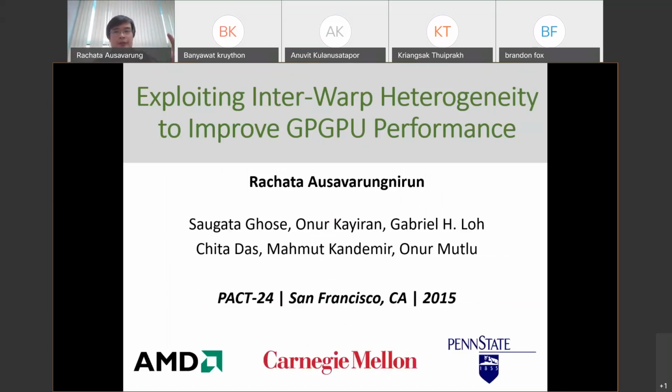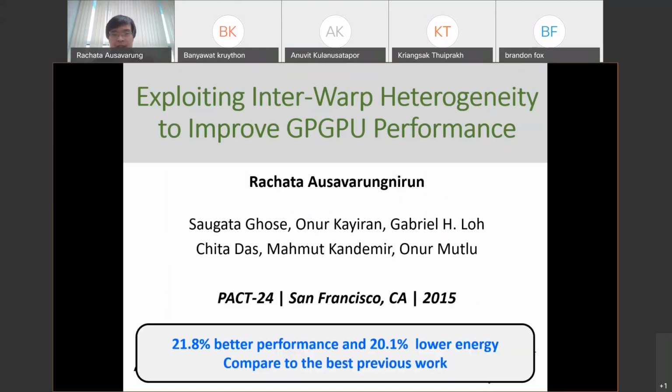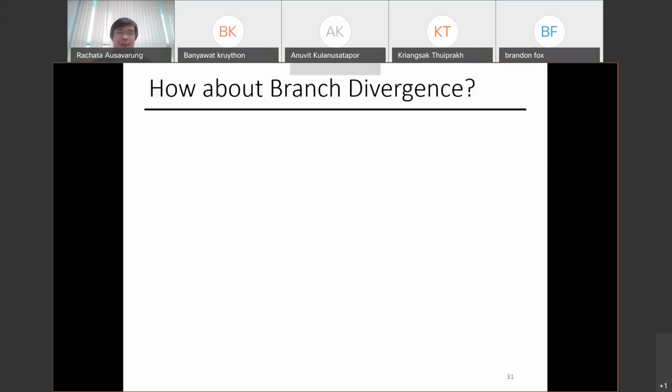Basically, we try to do whatever I just explained, and we show that we can improve performance that way, right? So this is one of the possible bottlenecks on GPU applications. We get about 20% better performance. Actually, as a side effect, you lower the energy compared to the best previous work on this topic.